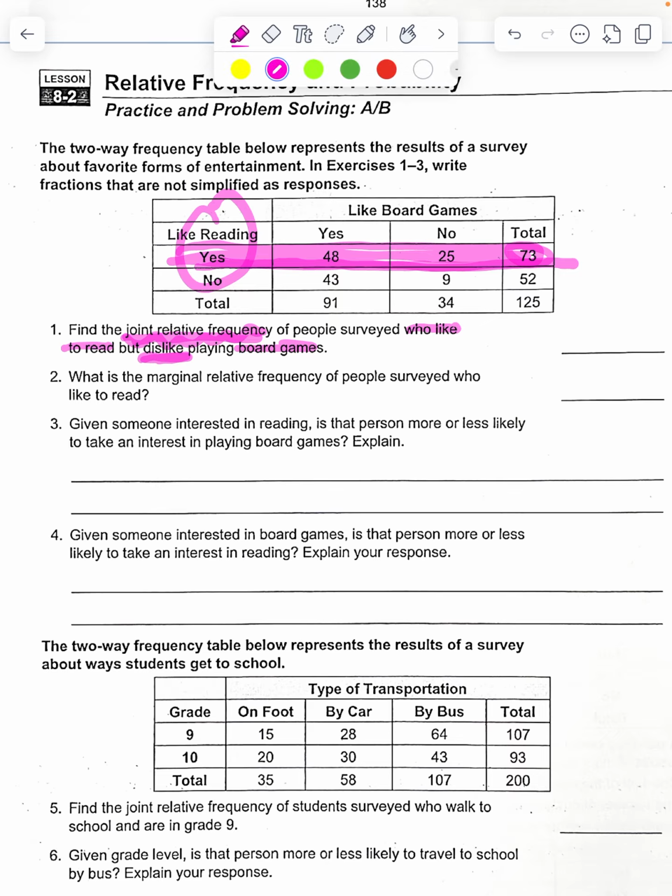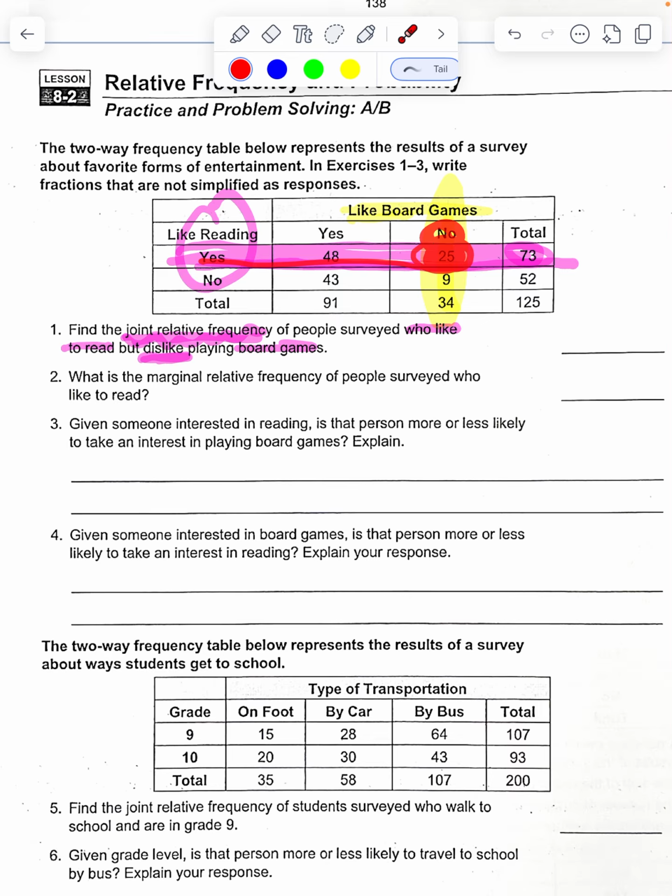This is board game, and they don't like it is this column. People who said no to board game, that's dislike. So the joint cell is this one right here. So 25 is the number who like reading but dislike board game.